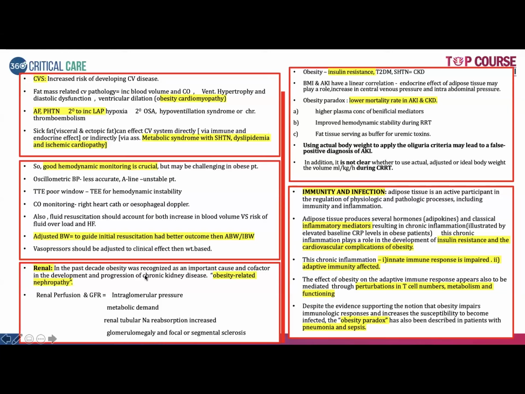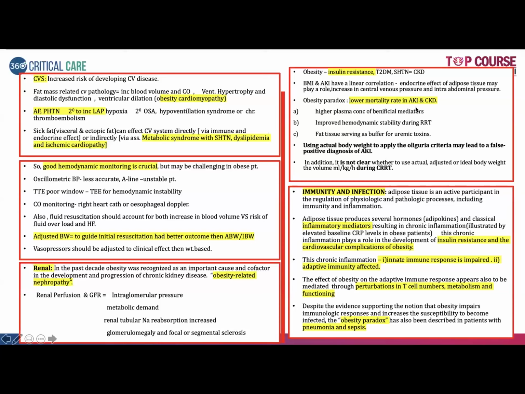In terms of renal, there is obesity related nephropathy. There is increased intraglomerular pressure. There is a high metabolic demand. Renal tubular sodium resorption is increased, and obesity related glomerulomegaly can be there. Focal or segmental sclerosis can also be present.